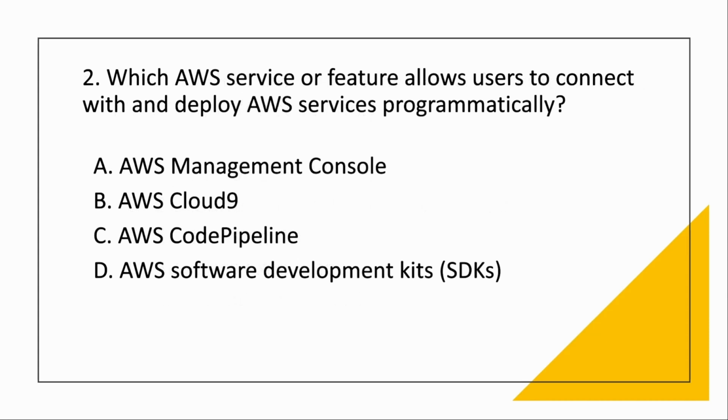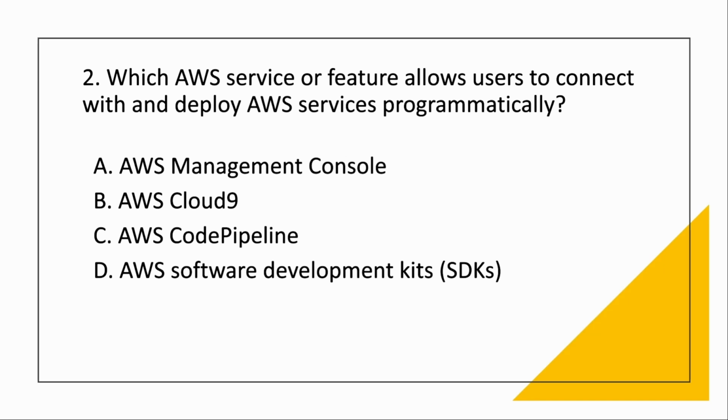Next. Now, which AWS service or feature allows users to connect with and deploy AWS services programmatically? Option 1, AWS Management Console. No. Why? Because the AWS Management Console is your service console through which you manage your AWS services. It will not allow you to programmatically manage things.